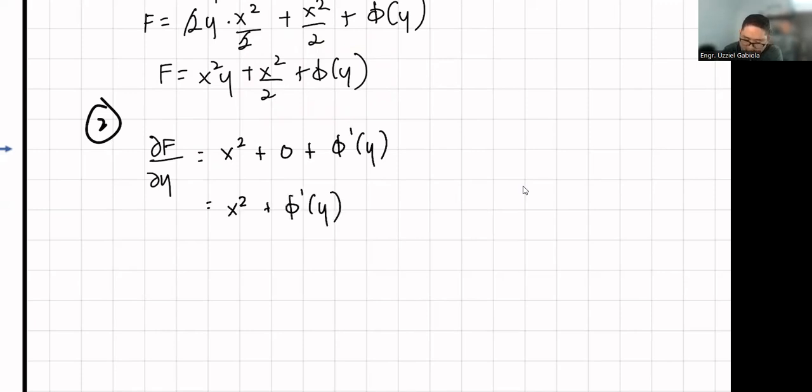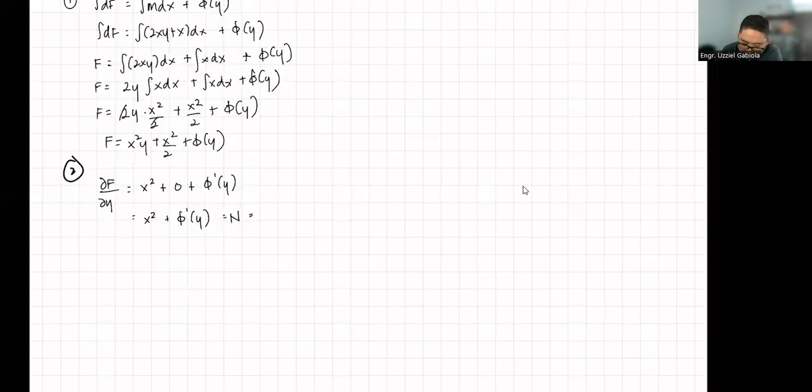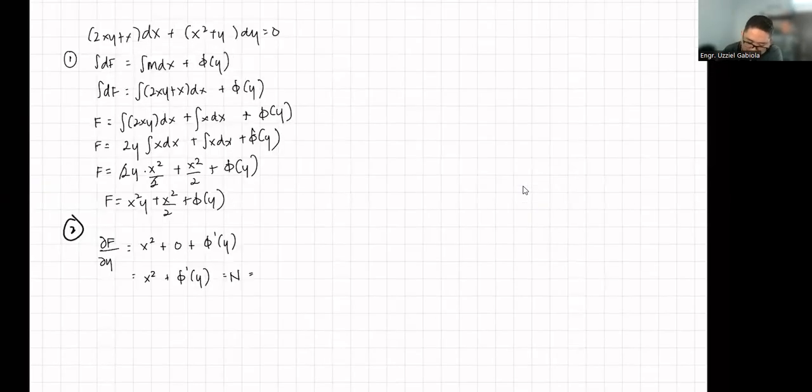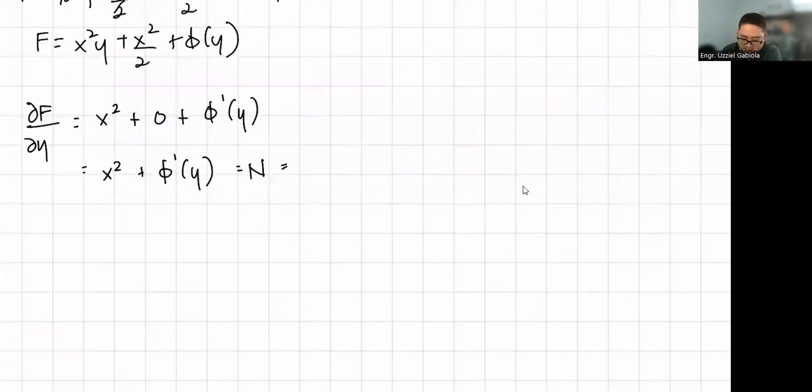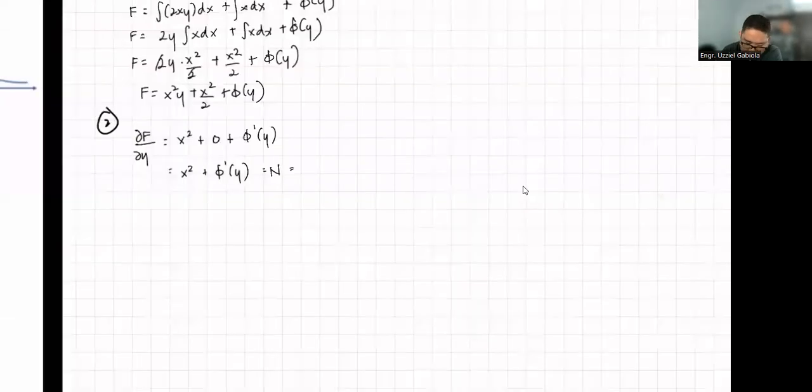I-equate daw natin yan doon sa value ng N natin. And ano yung value ng N natin? According dito, sa equation natin, ang N natin is, ano? Ito, no? x squared plus y. Okay? Ayan.